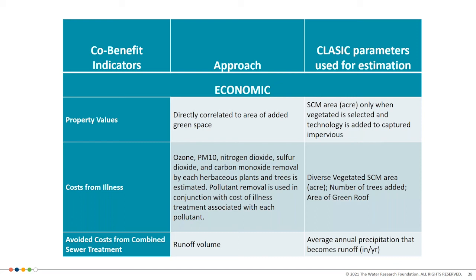So it's really making use of the quantitative measures that are output from the tool or that a user would select, like up here, for example, for property values, we use stormwater control measure area and acreage. So that's user selected, based on the number of technologies that a person would add.